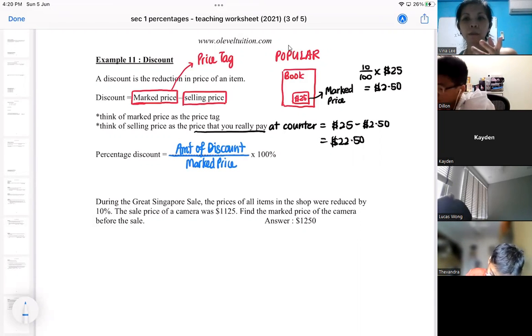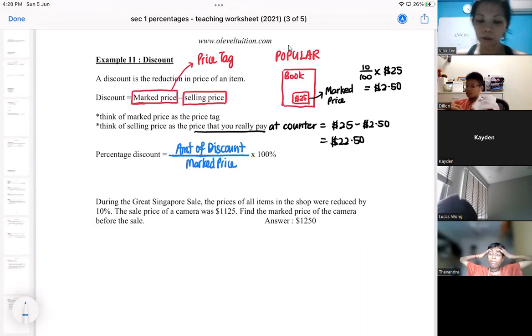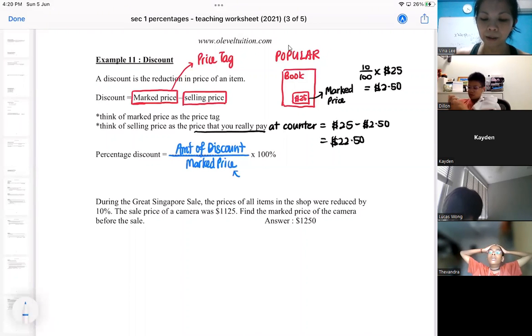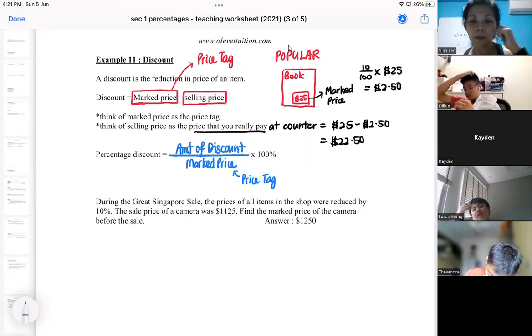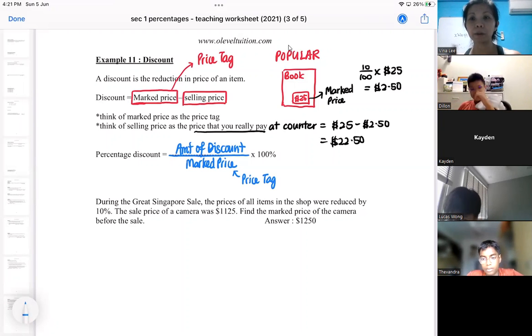During the exam, they will actually mess you up with all the terms, GST, discount, and all that. So the mark price is the price tag, and the selling price is the real amount that comes out from your pocket. You have to be very clear about that. I'm going to explain this to you first, and then I'm going to give you some questions.